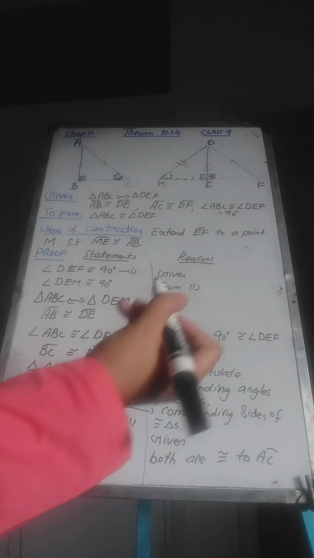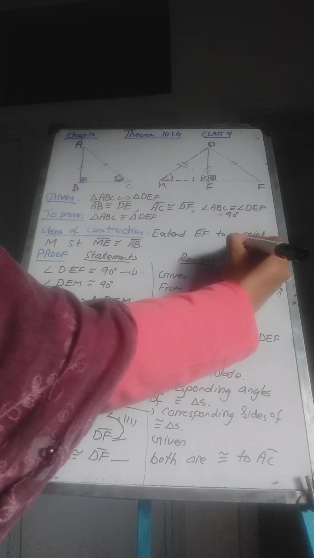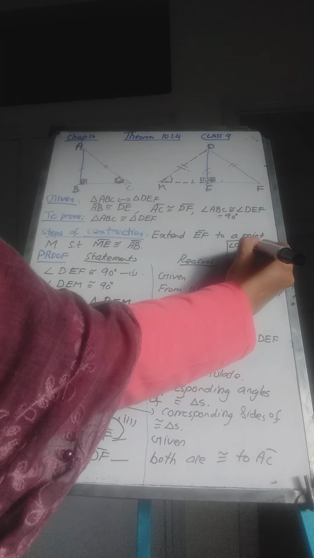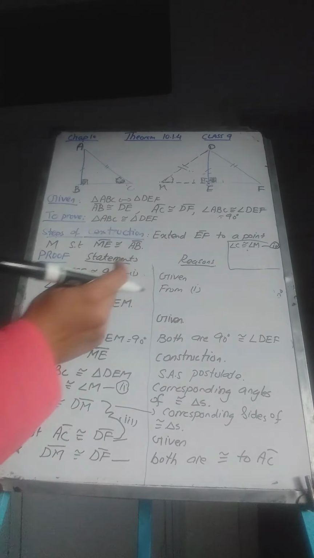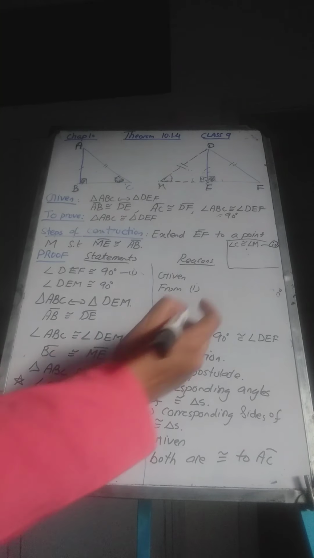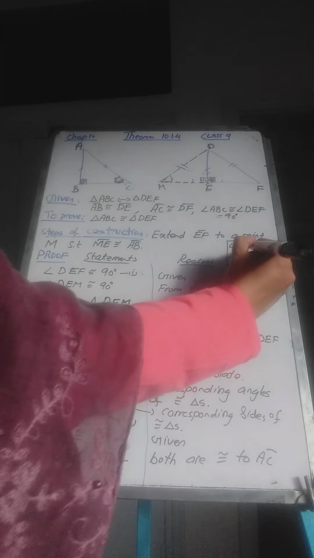So let me write it here, because I am going to erase this. We have angle C congruent to angle M. This we have proved in equation 2. And DM congruent to DF.